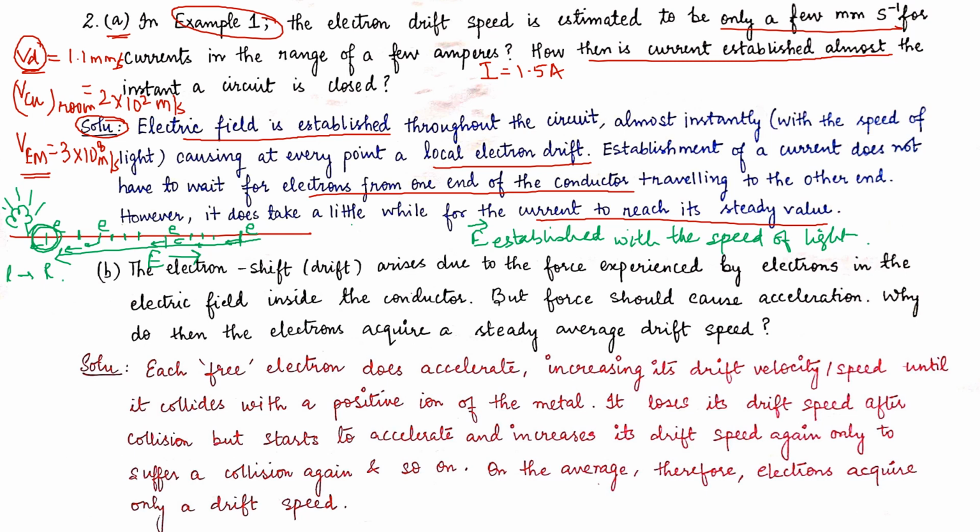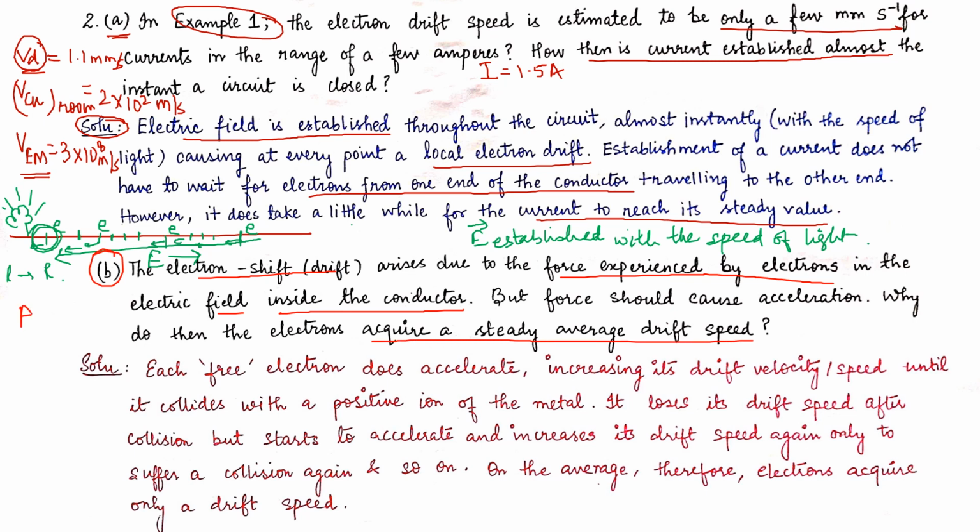Now we'll move on to subpart 2, that is subpart B. The electron drift arises due to the force experienced by electrons in the electric field inside the conductor. But force should cause acceleration. Why then do the electrons acquire a steady average drift speed?